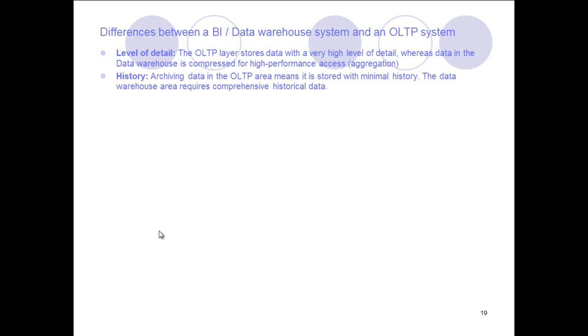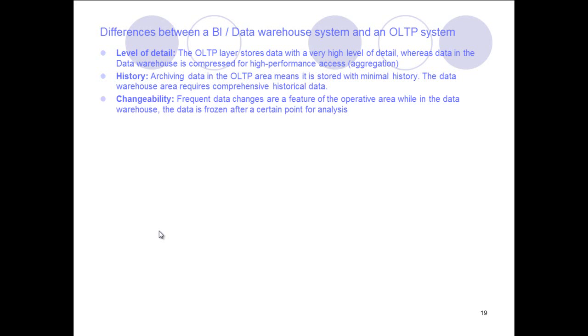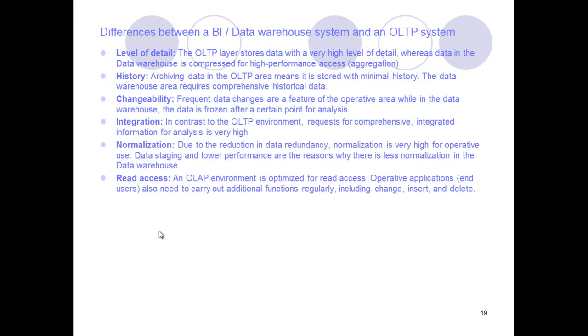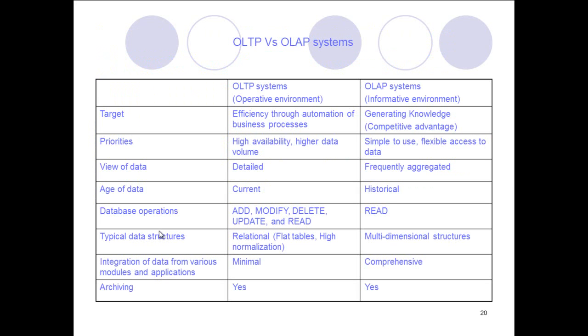The data warehouse is used for historical data. And changeability, integration, normalization are the features why we use BI, read access. So that is the difference between OLTP and OLAP systems.